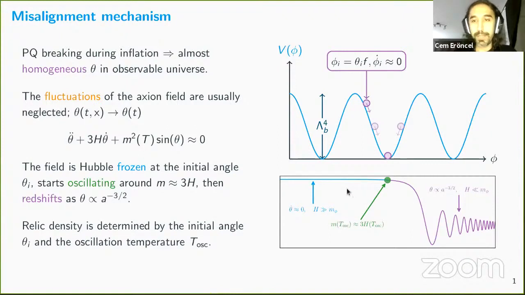The transition between these two regimes happens around the time when the temperature-dependent axion mass becomes of the same order as the Hubble scale. And then the relic density, as Philip told you, is determined by the initial angle and the oscillation temperature where this equality is satisfied.